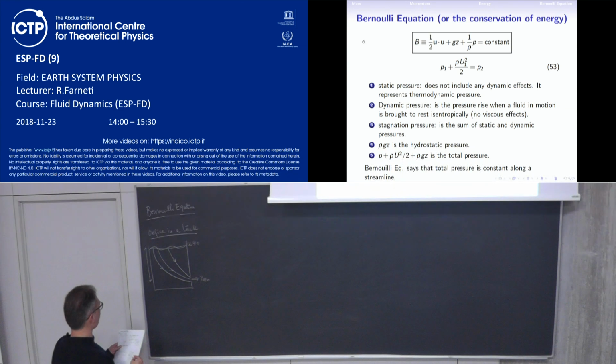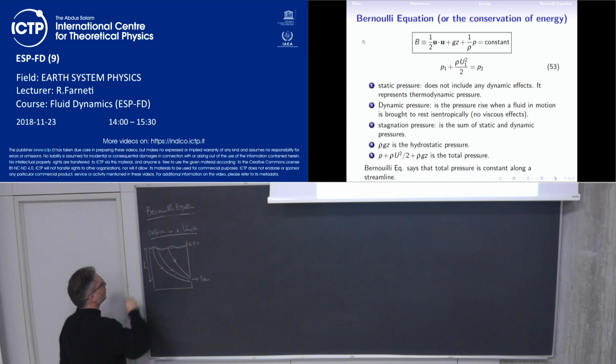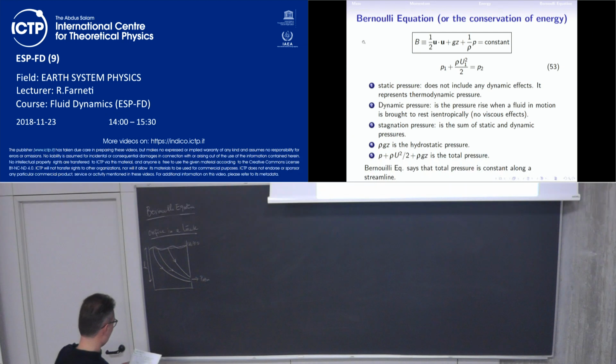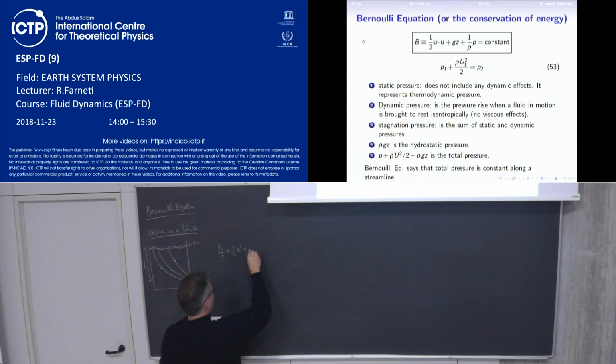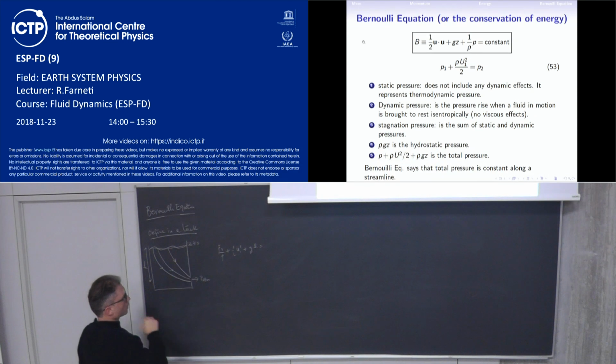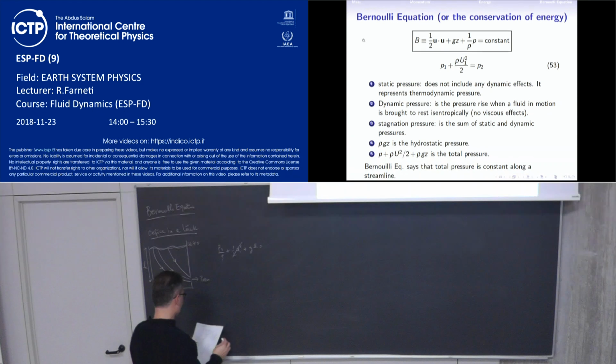So you can make the assumption that it is equal to zero. This is the height of your volume. So because of Bernoulli, you have the pressure energy plus the kinetic energy plus gh at 1, but this is equal to 0.